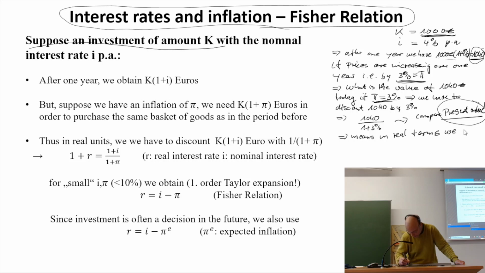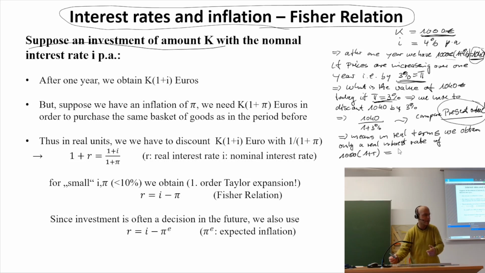we obtain only a real interest rate of r: 1000 times 1 plus r has to equal the present value, 1040 over 1 plus 3%.